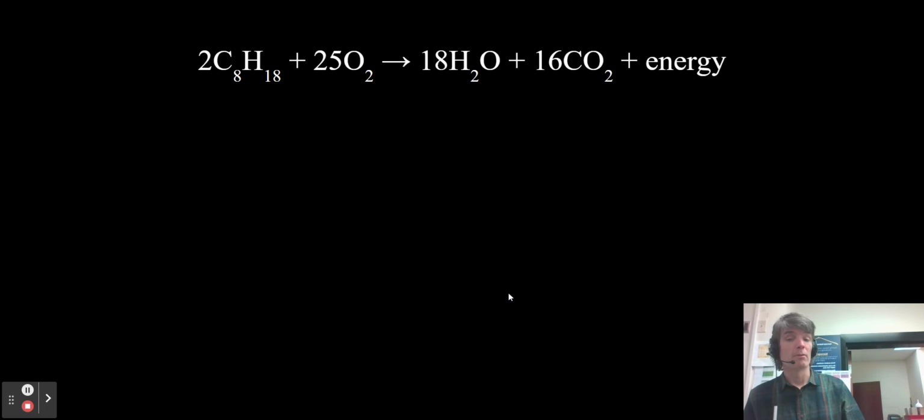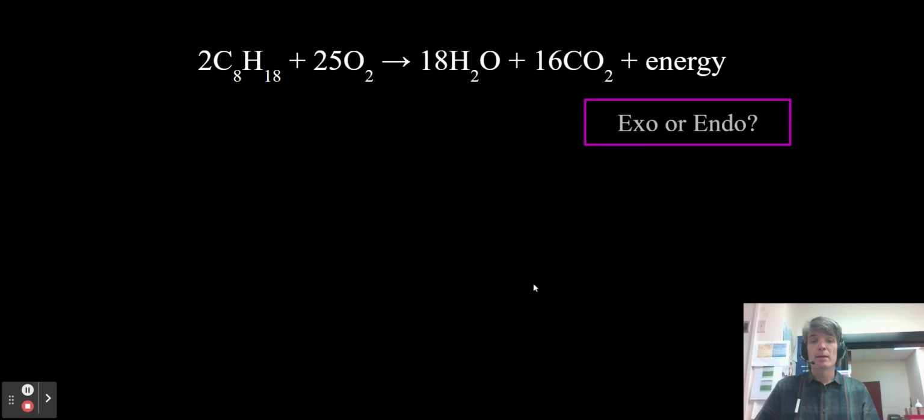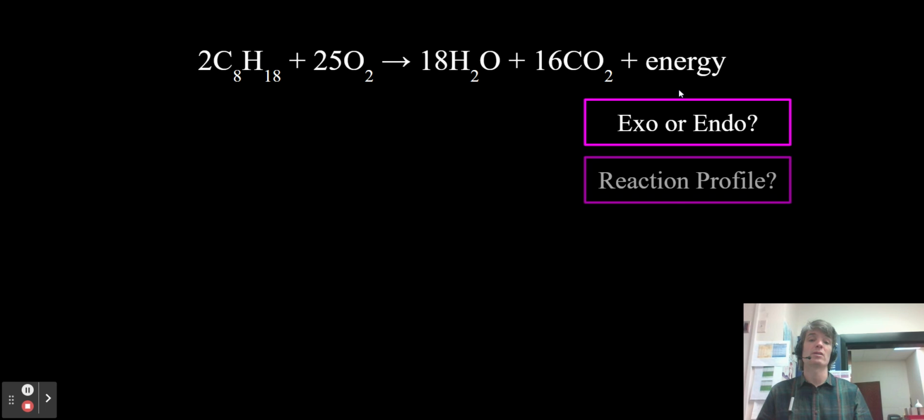All right, here we go. This is the combustion of octane. Is it exo or endothermic? Here's that energy thing right there. Therefore, energy is released. This is an exothermic reaction. What's its reaction profile? Well, it's going to have that classic step up, and then the reaction is going to go down.